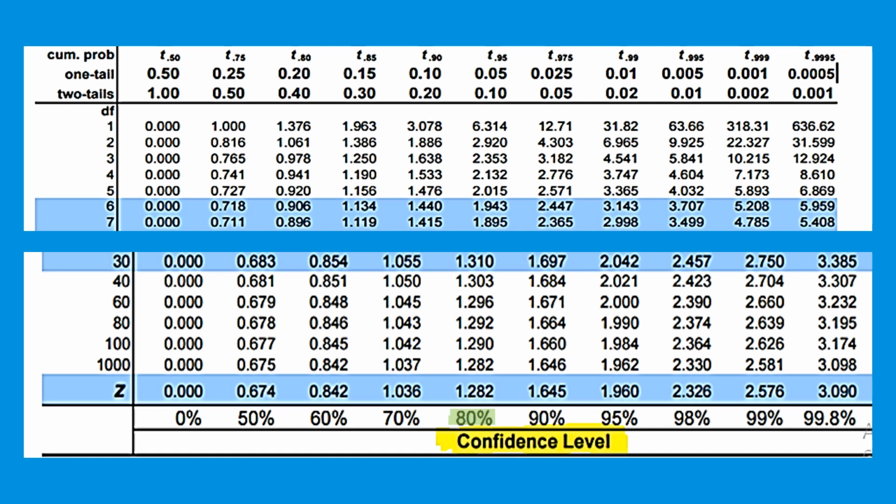Then, makikita natin sa katapat nito sa itaas ang 1.282. Ito ang tinatawag na confidence coefficient. Ito yung kasama sa formula ng confidence interval na siya nating gagamitin.